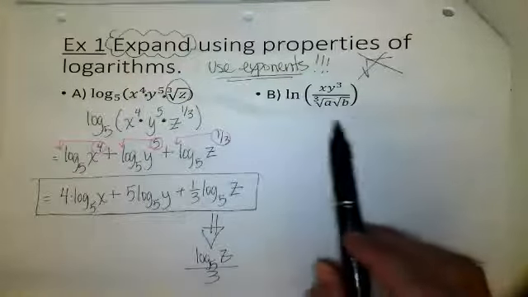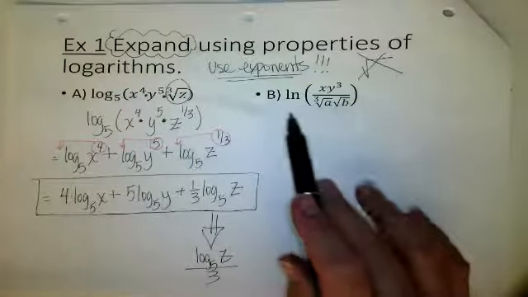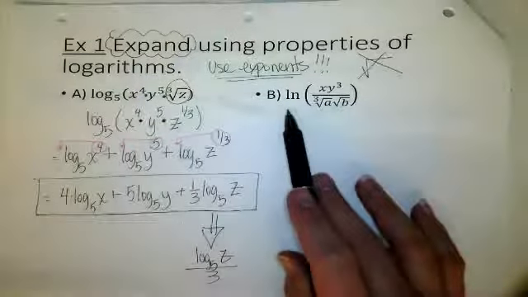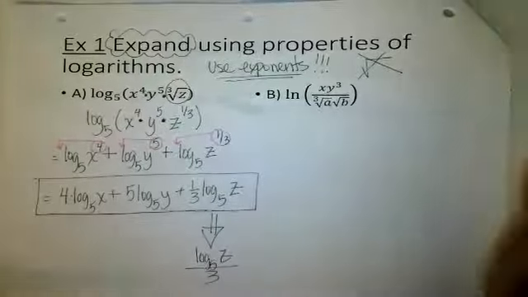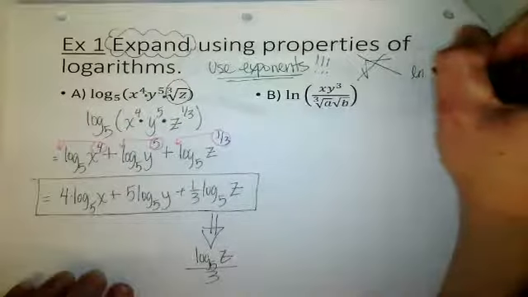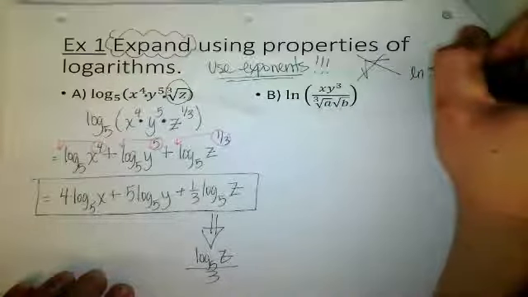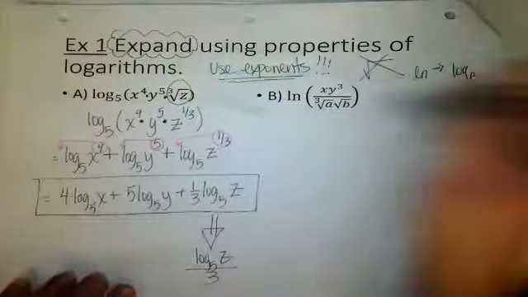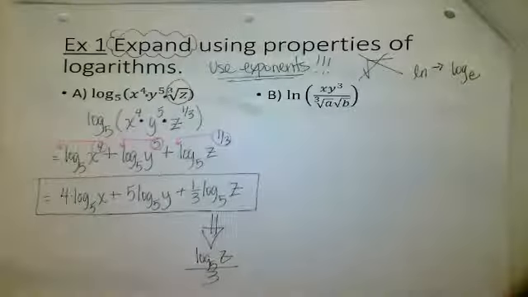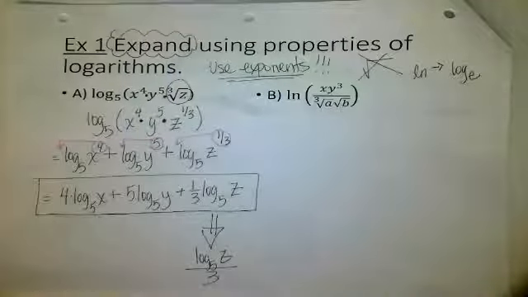That's natural log. Which is fine. What is natural log equal to? Log base E. Very good. So if we wanted to, we could rewrite that natural log as log base E, but I'm just going to use natural log because it's only got 2 characters instead of 4.